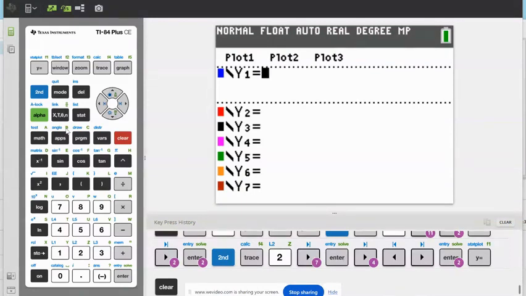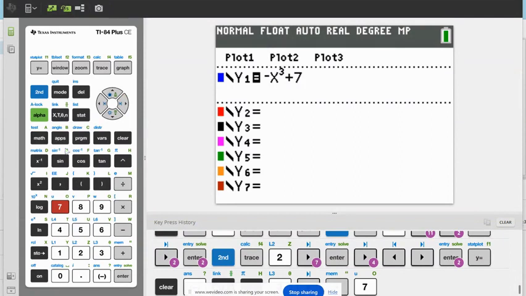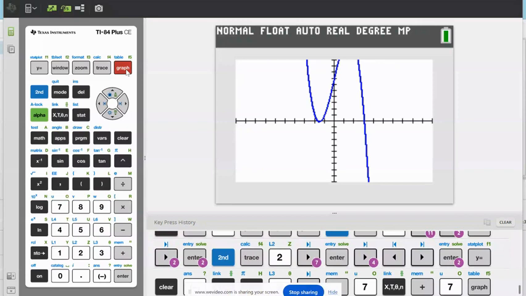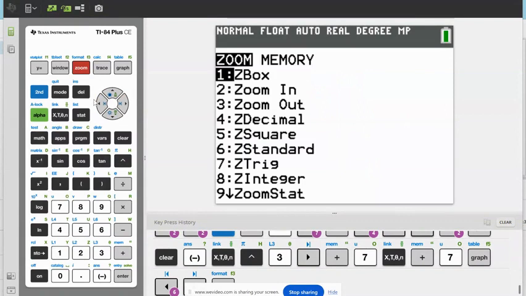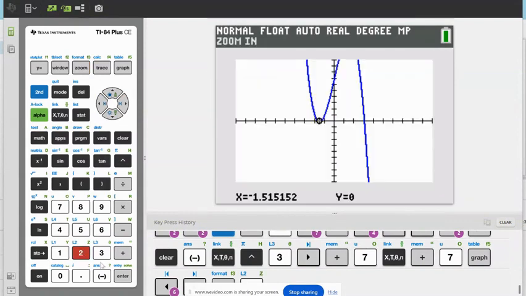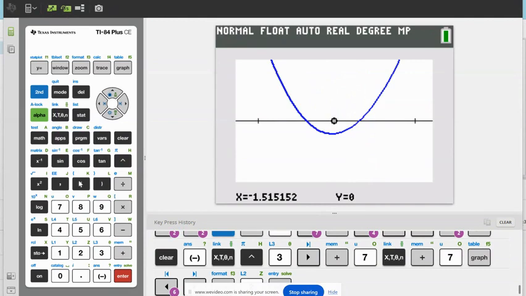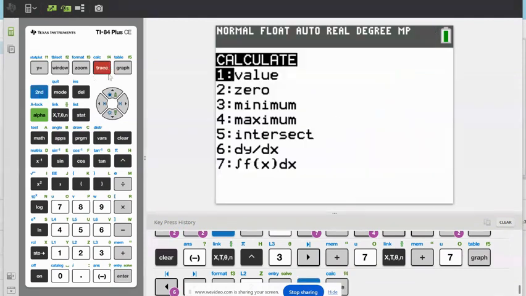So we're going to do negative x to the third, plus 7x plus 7. Okay, so this looks like it's a double root, but it actually isn't. And I know it's not a double root once we zoom in. So we're going to zoom in, enter. Now while it's zoomed in, I'm going to do my second trace.